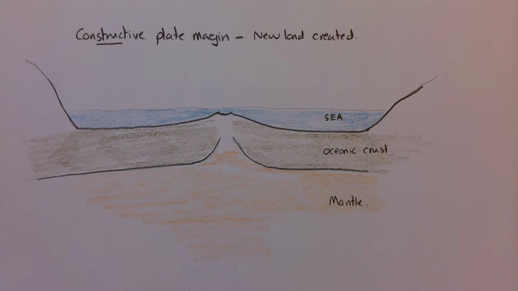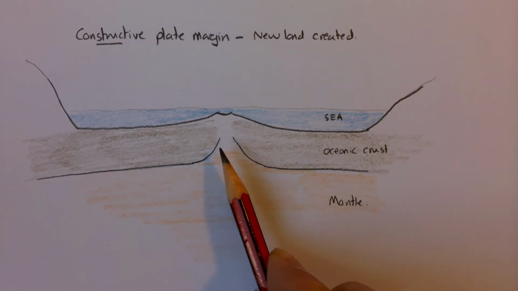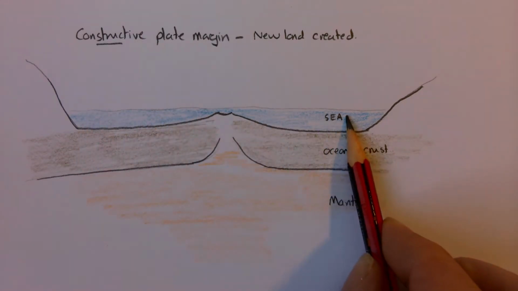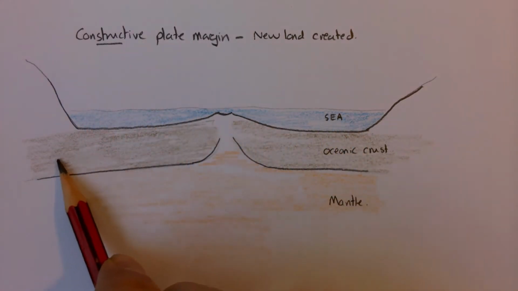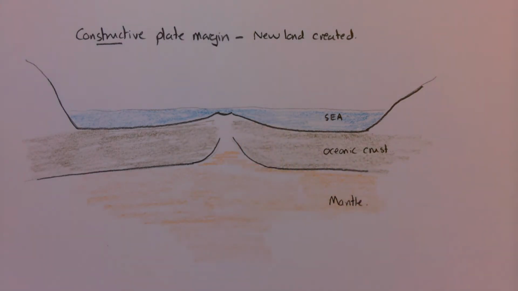Most constructive plate margins are under oceans, not all, but most. And we have the ocean here, as you can see, as well as our thin oceanic crust that is underlying the oceans. And beneath the oceanic crust, we come to the Earth's mantle.